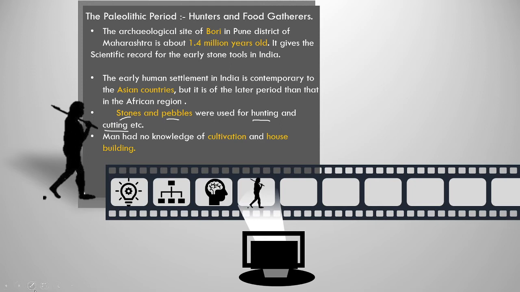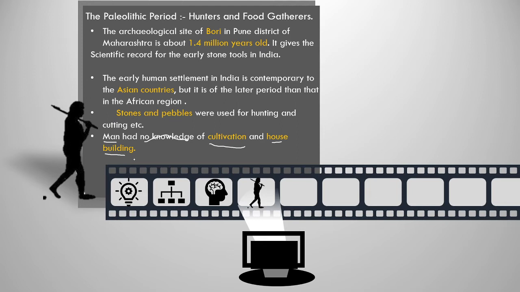And the most important thing of all is that the primitive man, the Homo sapiens, had no knowledge of cultivation and house building. From this phrase we can say that our ancestors were not having any knowledge of cultivation and house building.